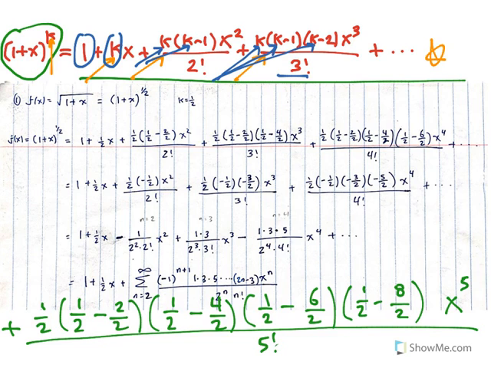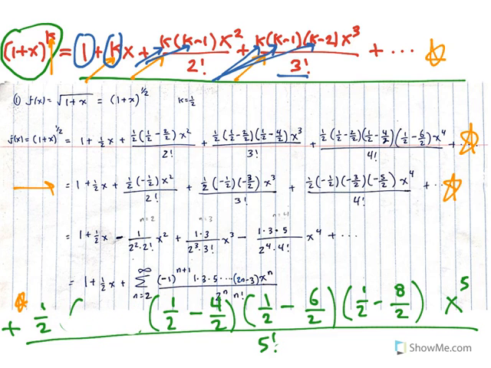Let's do that again, just because I think there was something that I messed up on. So again, we're starting here, and this is what we should have, just using the binomial series. So when we simplify, what should we have for the next line, for the coefficient of the fifth degree term? You should have 1/2. 1/2 minus 1 is negative 1/2.